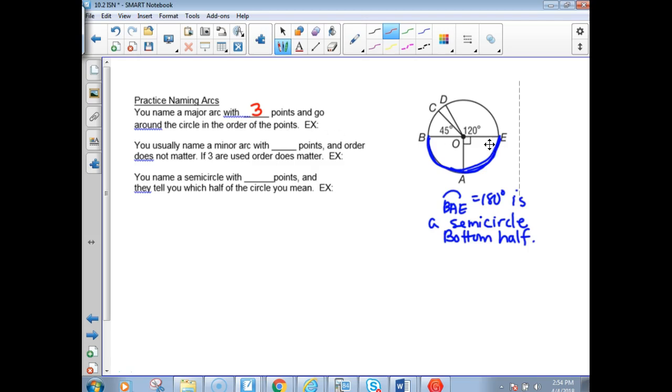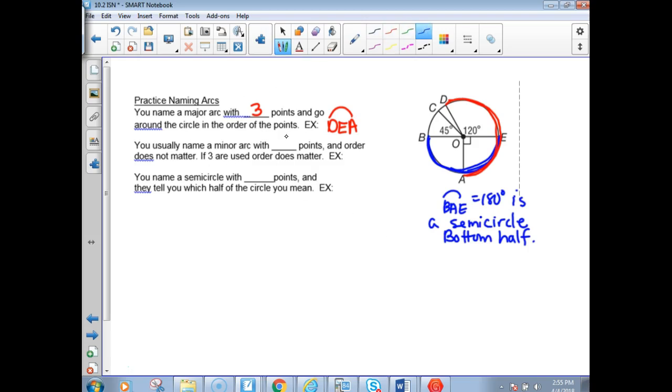For example, if I wanted to name a major arc on this diagram, I could start with E, go through E to A, and I have gone more than 180. So this arc, PEA, is a major arc. That's just an example. There are many of them we could name. I just thought that one was an easy one to show.